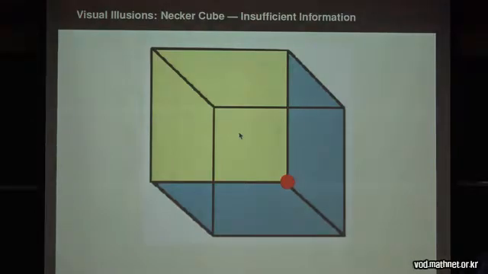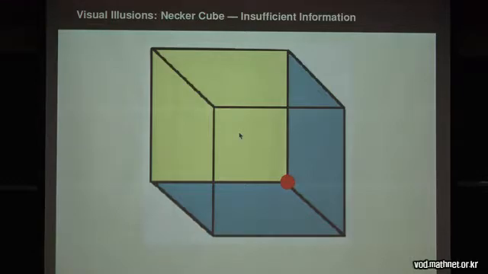Okay, so this is not binocular rivalry, but it's the easiest way to explain what's going on. This is a visual illusion called the Necker cube. How many of you have seen this before?